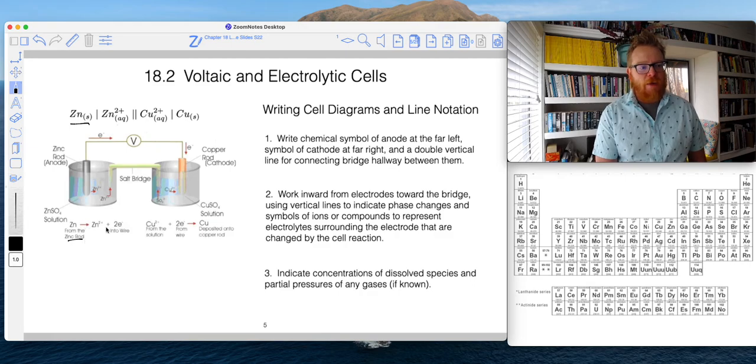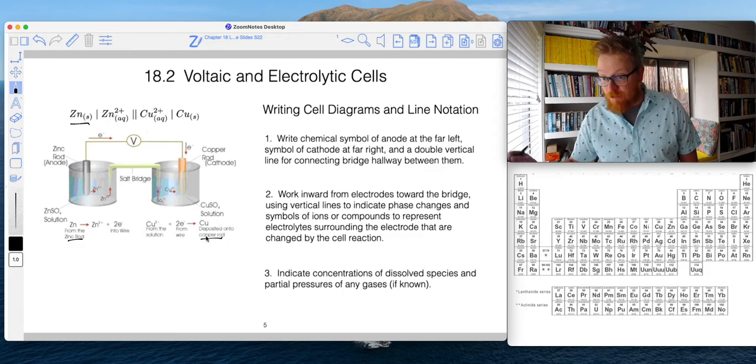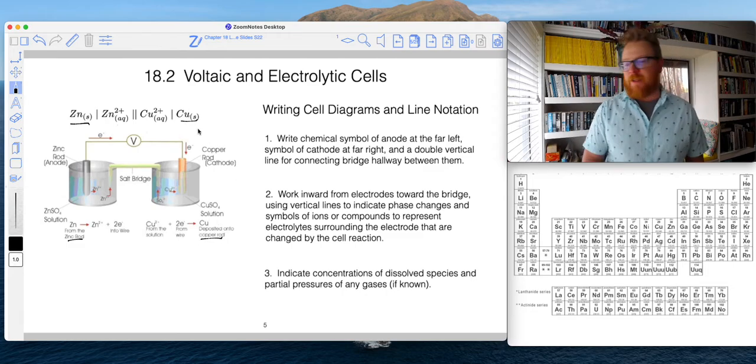Okay. And so if we're drawing this reaction, write the chemical symbol of the anode at the far left, the symbol of the cathode at the far right, and a double vertical line for connecting the bridge halfway between them. Once again, here we can see there's the solid copper at the far right, and there it is in our symbol.